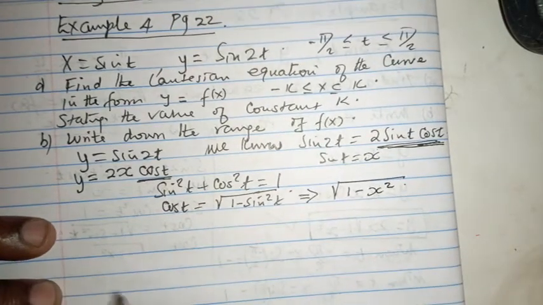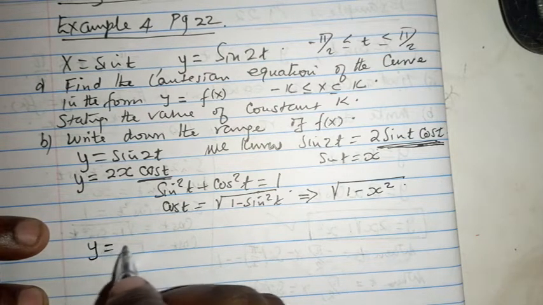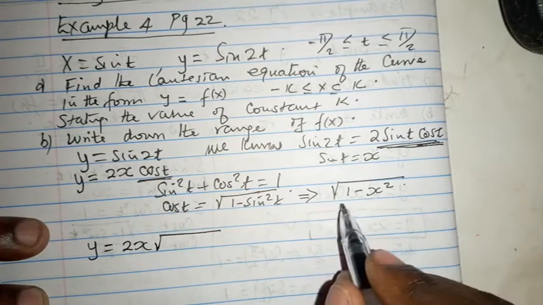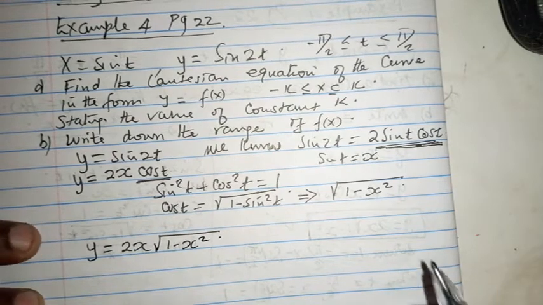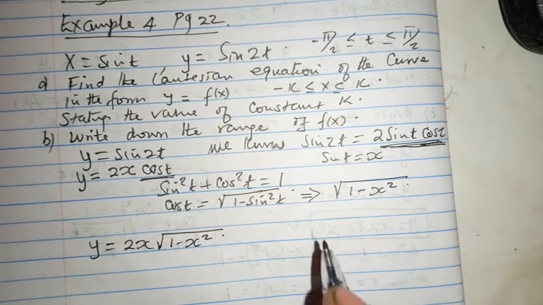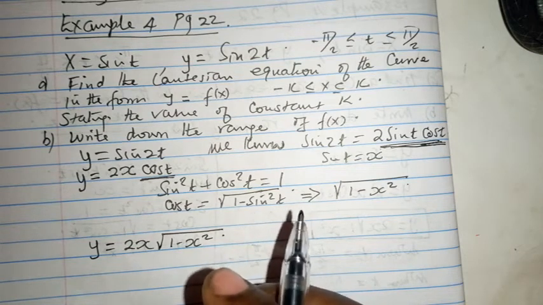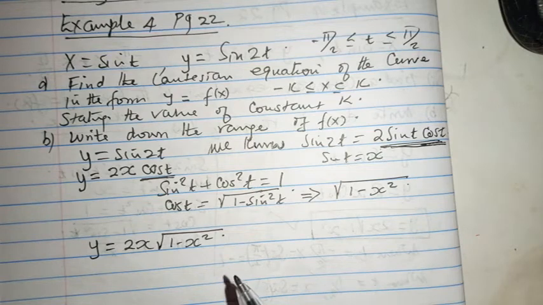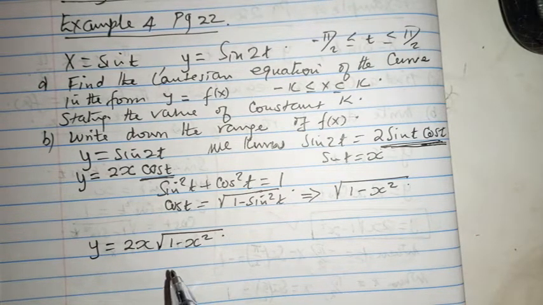So easily we can now say y equals 2x multiplied by the cosine of t, which is the root of 1 minus x squared. And that is the Cartesian equation that we were expected to realize.